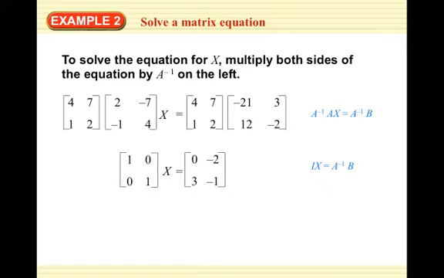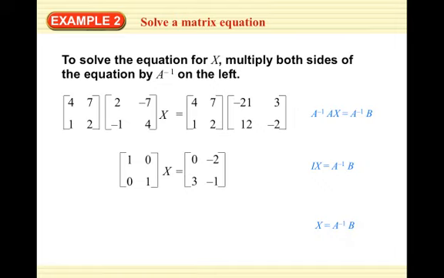And then we do 4 times 3 is 12, plus 7 times -2 is -14. 12 plus -14 is -2. And then we move on to the second row. 1 times -21 is -21, plus 2 times 12 is 24, and so those add to be 3. And then 1 times 3 is 3, plus 2 times -2 is -4. 3 plus -4 is -1.